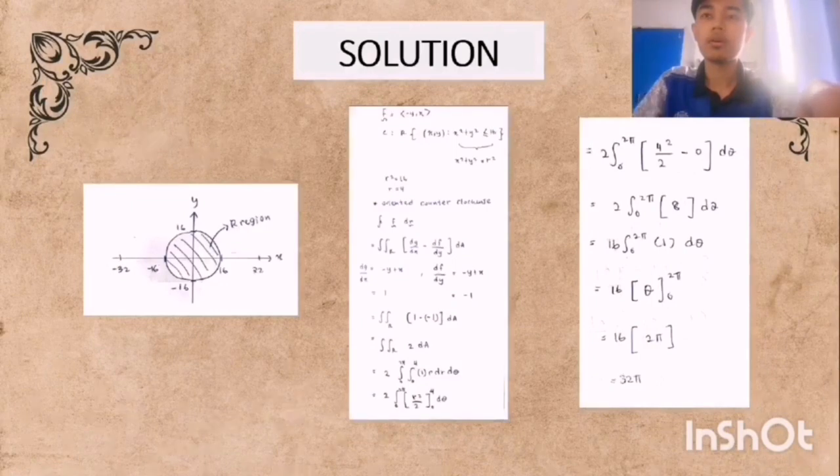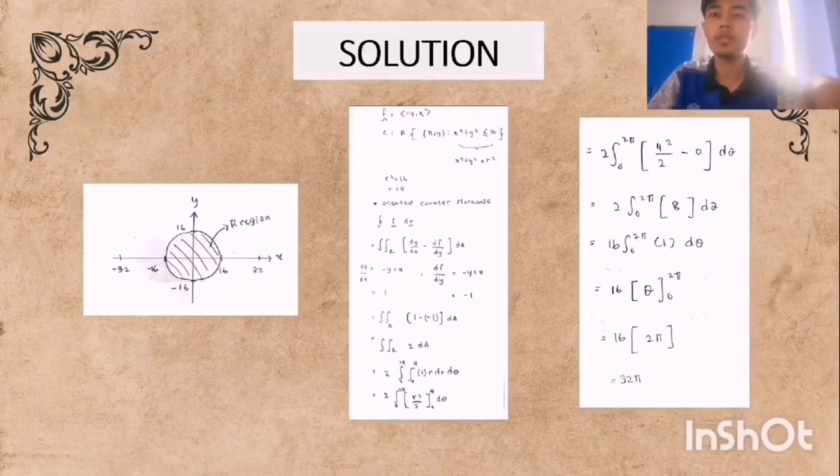Both of these values we substitute into the Green's theorem formula, and then we get the double integral of 2 dA, and then we arrange the formula for our calculation.